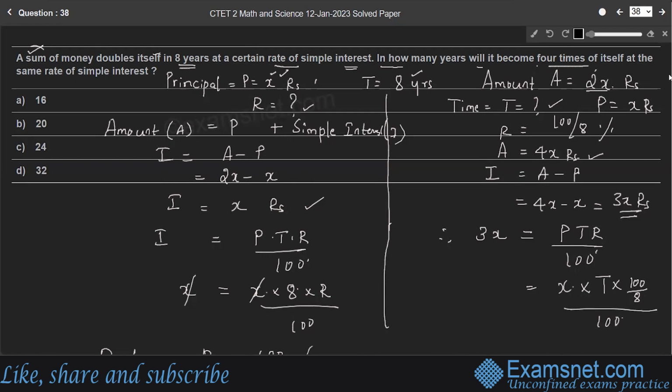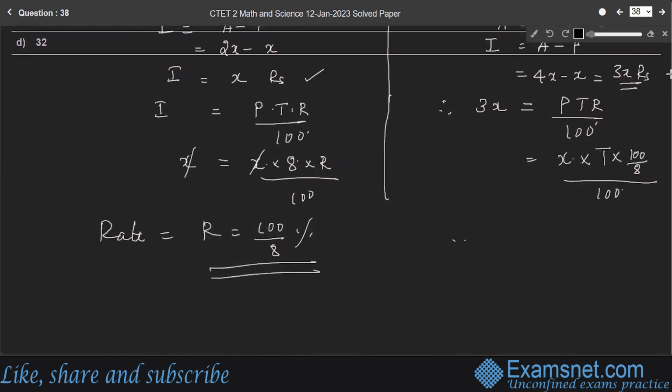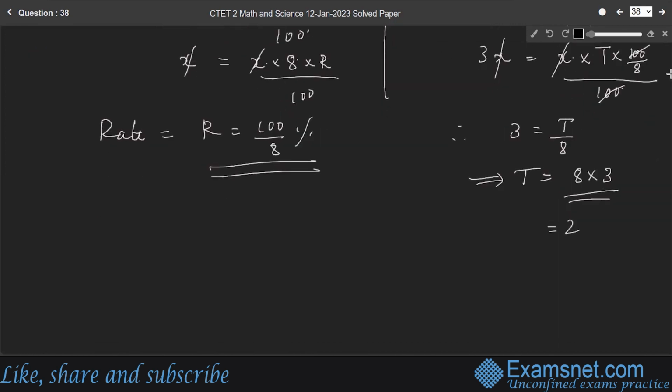Here x and x get cancelled, and 100 and 100 get cancelled. So we have 3 is equal to t by 8. Therefore, the time taken to make the principal 4 times is 8 into 3 years, which is 24 years.